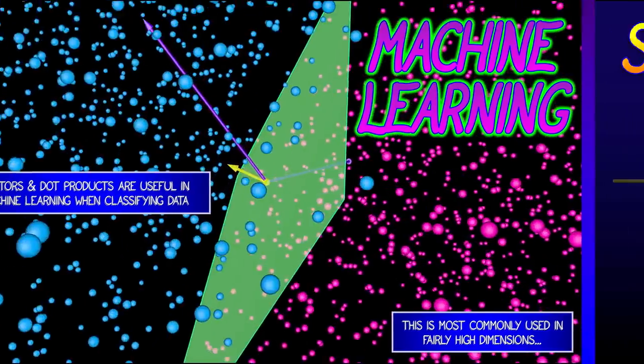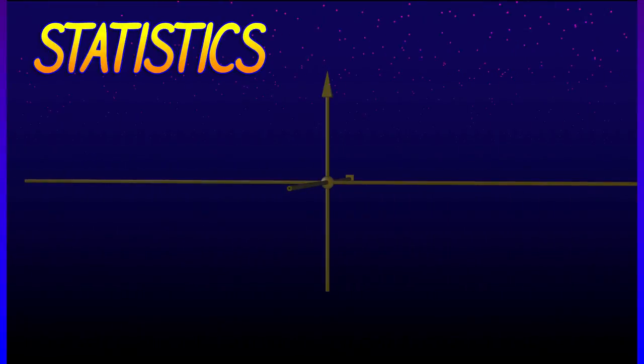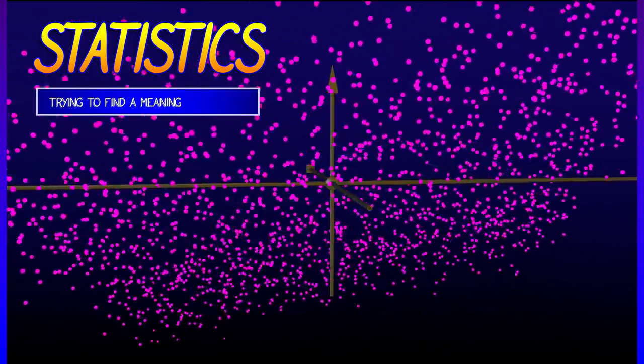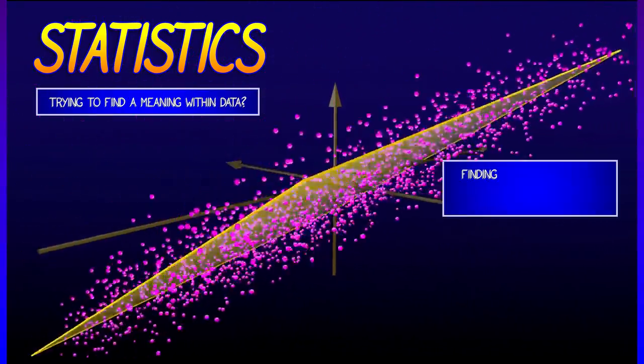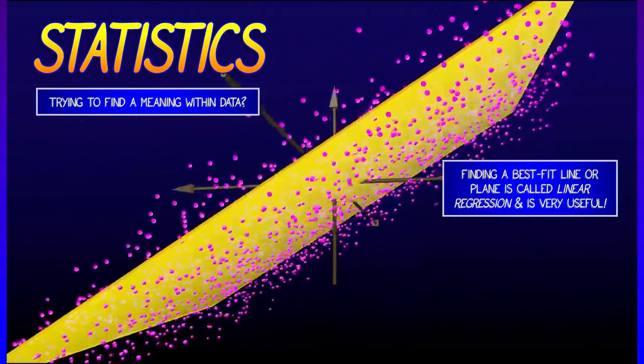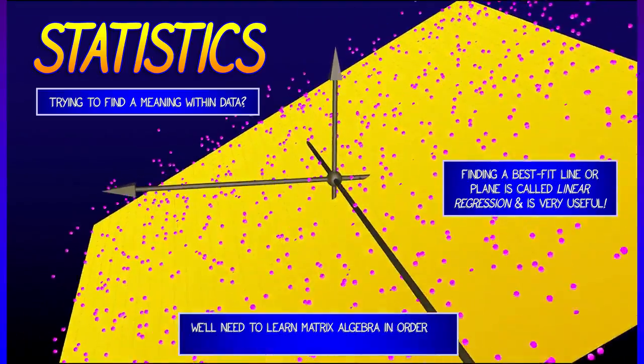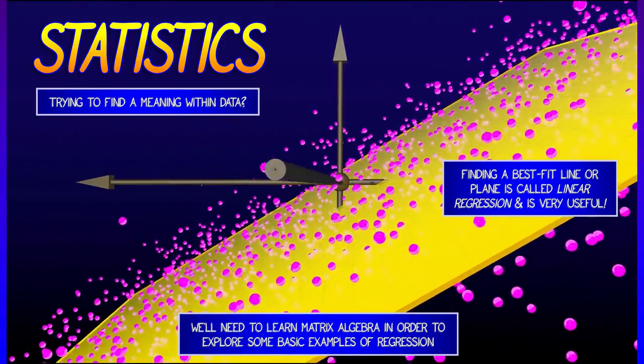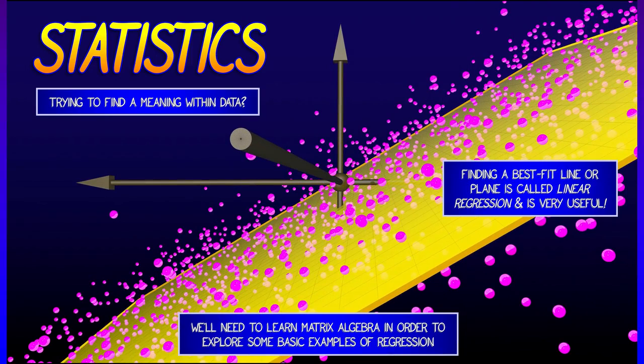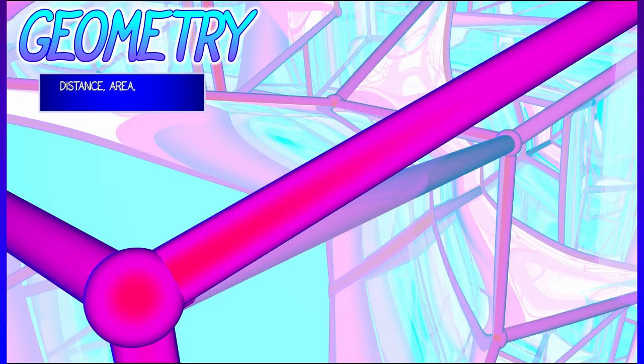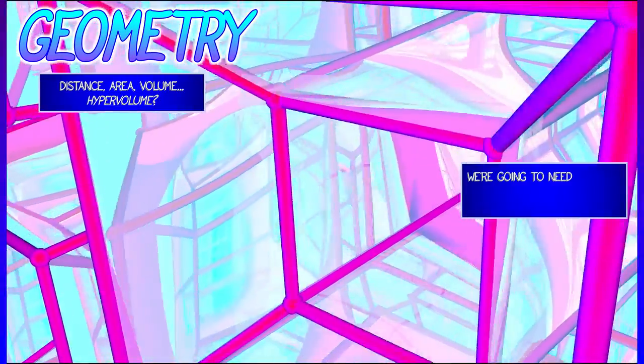More generally, when looking at statistics, if you're interested in extracting information from data, maybe you want to find a best fit line, a best fit plane, doing some kind of linear regression, you're going to need linear algebra to do that. But we're also interested in geometry, things like distance, area, volume, and higher dimensional volume.